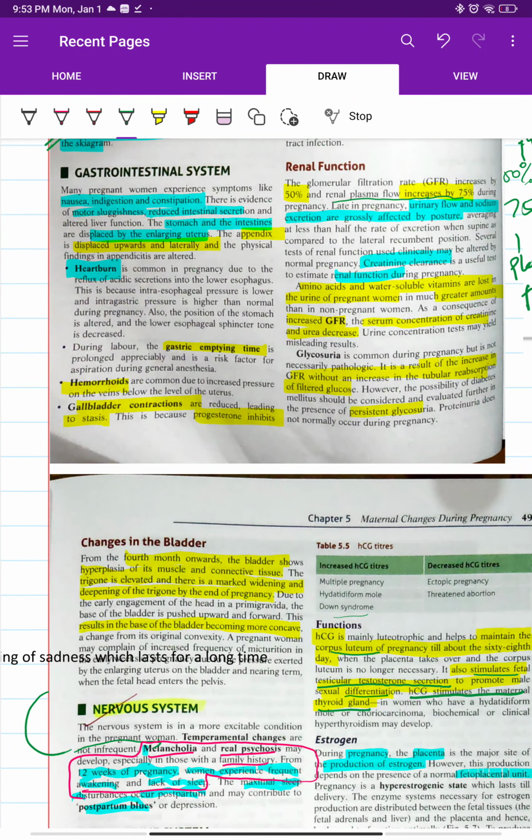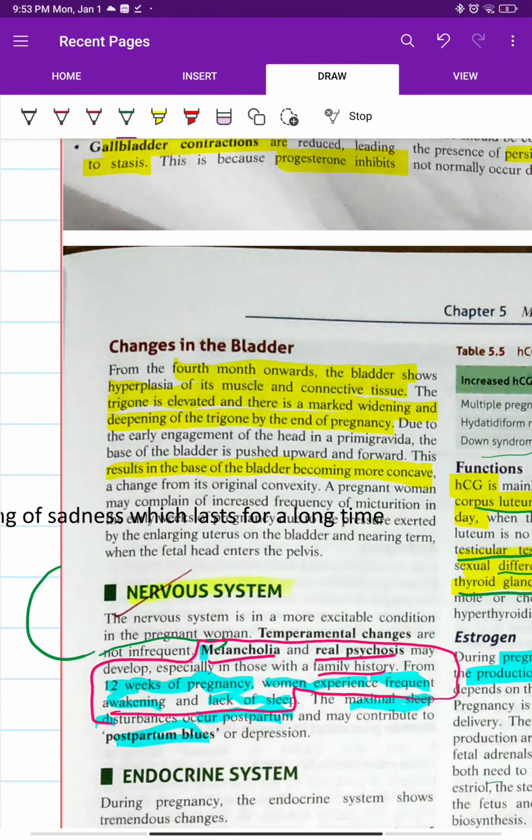And changes in the bladder: due to the increase in the size of the uterus, there is compression happening. From the 4th month onwards, the bladder shows hyperplasia of the muscle and connective tissue due to progesterone. The trigone is elevated, and there is marked deepening of the trigone by the end of pregnancy. And this results in the base of the bladder becoming more concave and a change of its vaginal convexity.